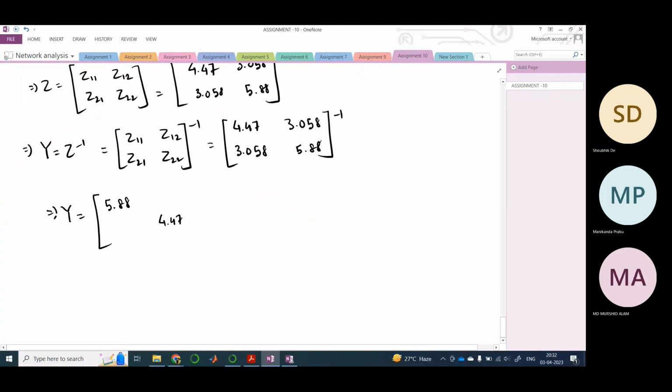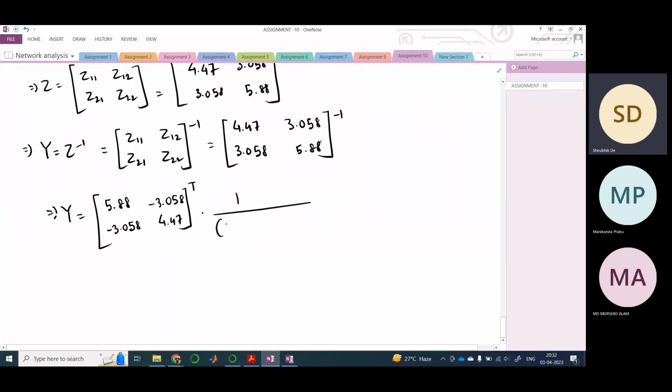For any dimensional matrix, there would of course be a transposition here, and we need to calculate the determinant, right? So 4.47 into 5.88 minus 3.058 square. So therefore your y matrix basically remains the same because the diagonal elements are equal.